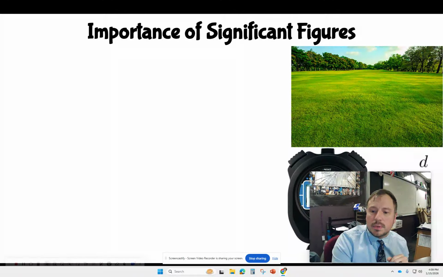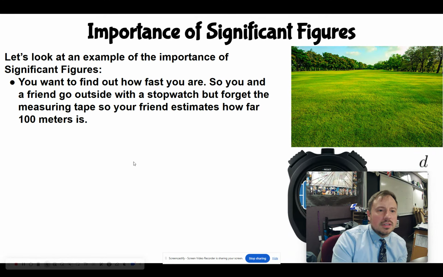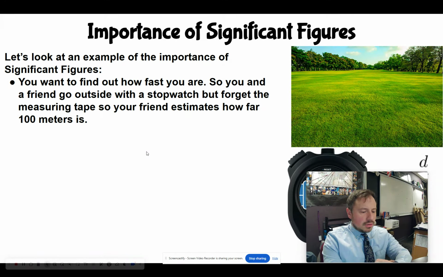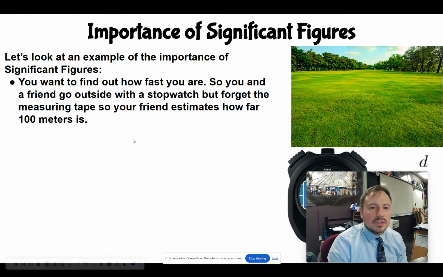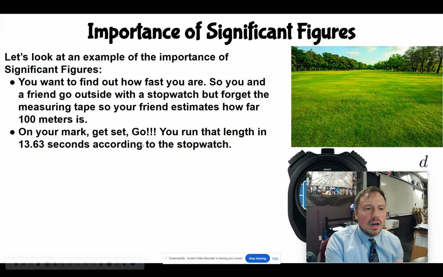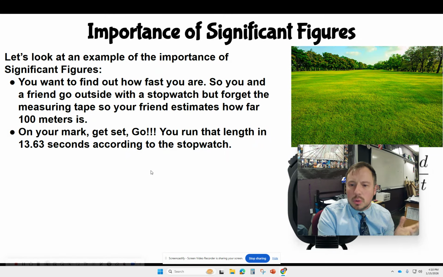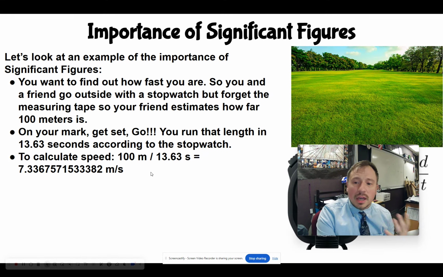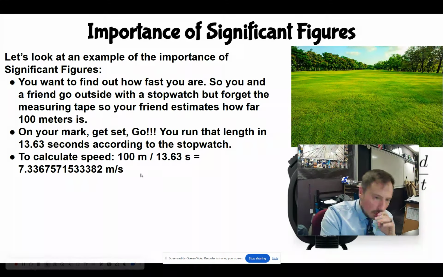Here's also why it's important. If you want to find out how fast you are, you and a friend go outside with a stopwatch but forget the measuring tape. So your friend estimates about how far 100 meters is. On your mark, get set, go. You run that length in 13.63 seconds, according to the stopwatch. So if you calculate the speed, you get this number. And you're like, where would I round to?